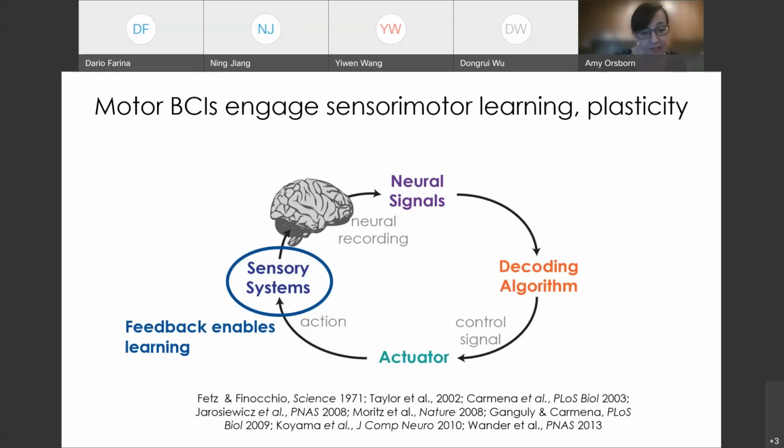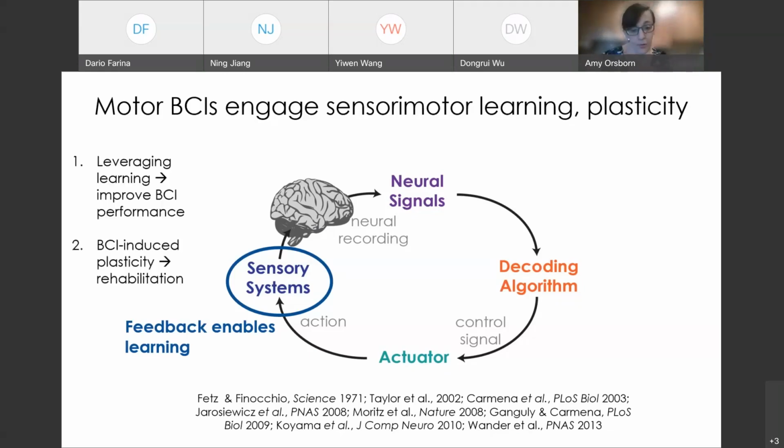And so this is a harder problem, but it also opens up really exciting opportunities. So we can now start to think about how we can leverage learning in the brain to actually improve BCI performance. And it also opens up opportunities for thinking about how to use BCI for rehabilitation applications, as we've seen throughout this workshop.